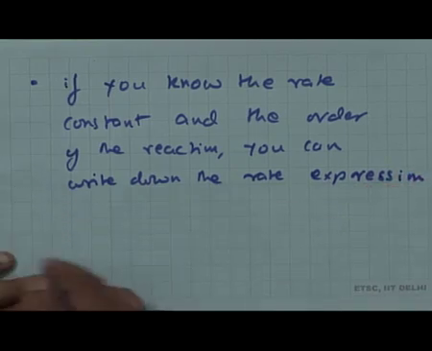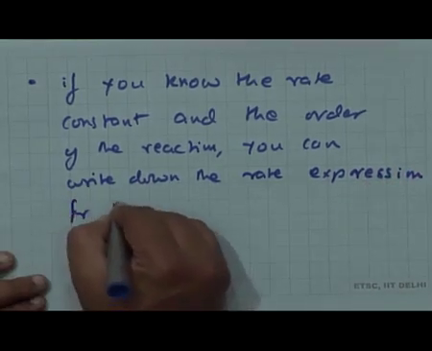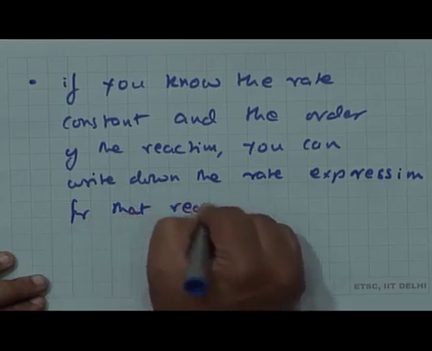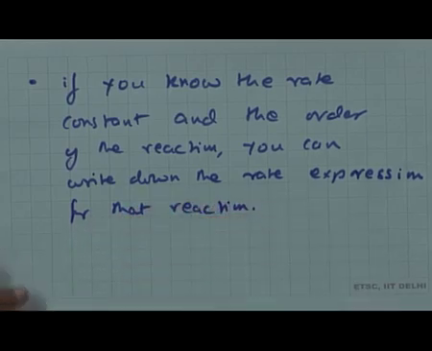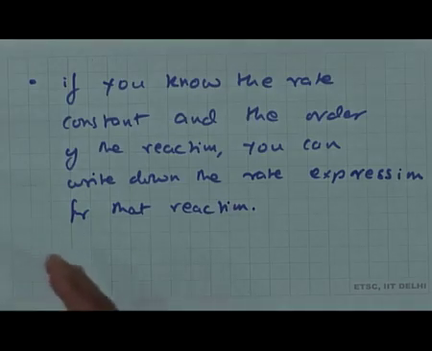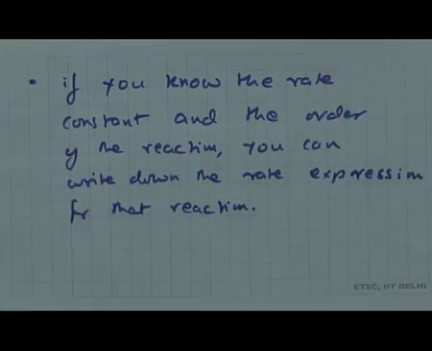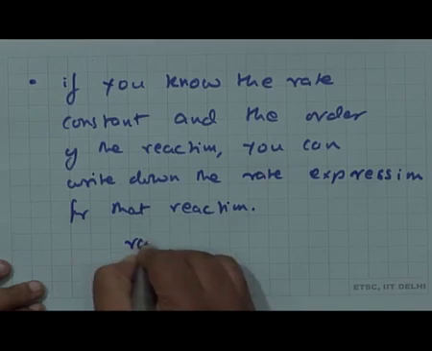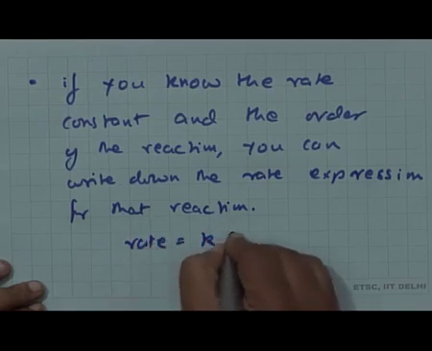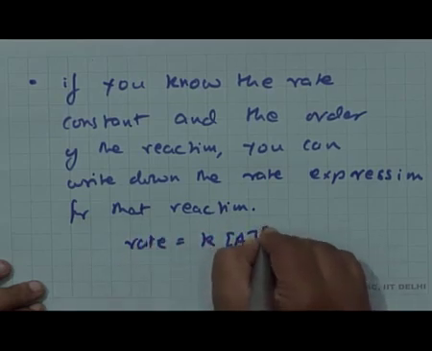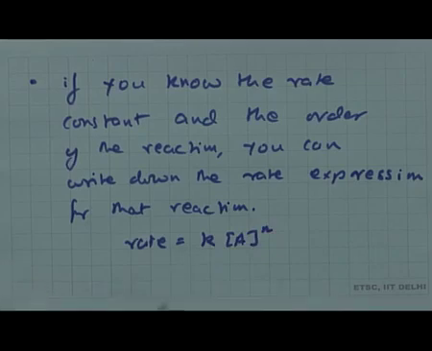You can easily write down the rate expression for that reaction. Okay. So, you know rate is equal to say k times concentration of A raised to the power n, like we had done before, where A is the reactant and n is the order. So, if you know the rate constant k, if you know n, then you can easily write down the rate expression.